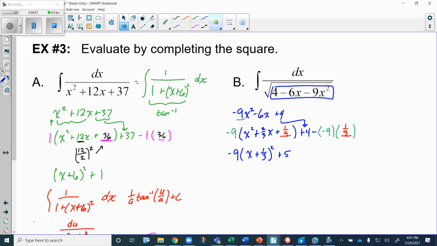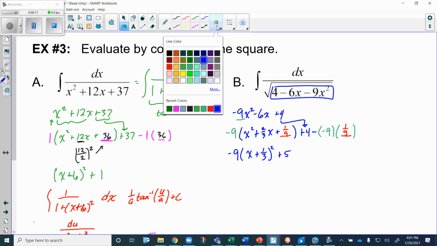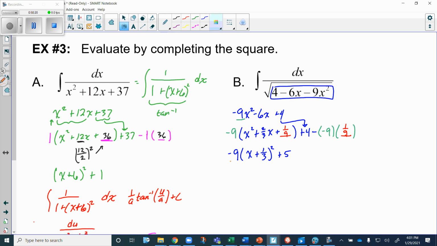Now the thing is that if we try to plug this in with the expression that we have now, this bit here is going to be very difficult to work with. Essentially, if you go back and look at the very beginning of the problem, this is going to be inverse sine or arcsine, based on what we're going to wind up with in the denominator.